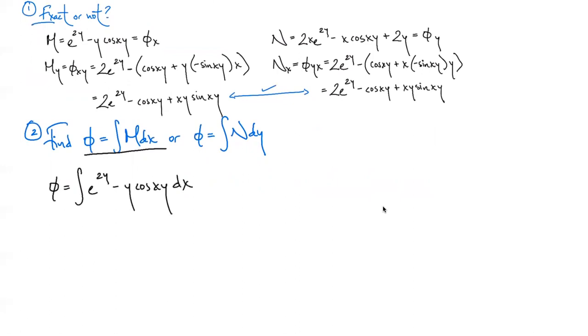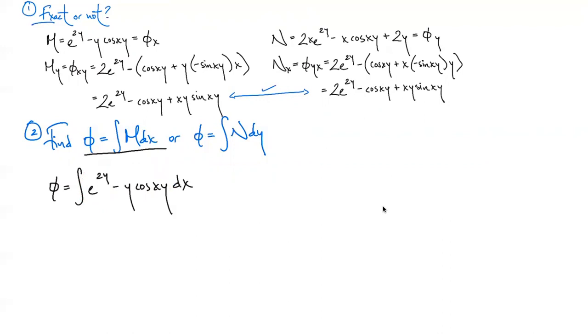Now, one reason why I chose to do this version is because I noticed that this term doesn't have any x's, so that's all just going to be a constant. And this one only has one x, so that's the only thing I really need to consider as I'm integrating.